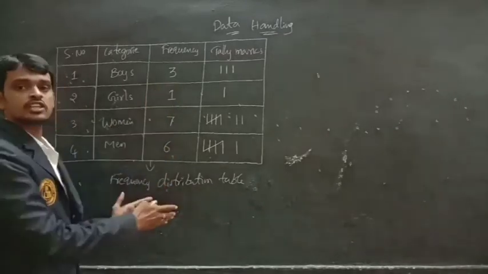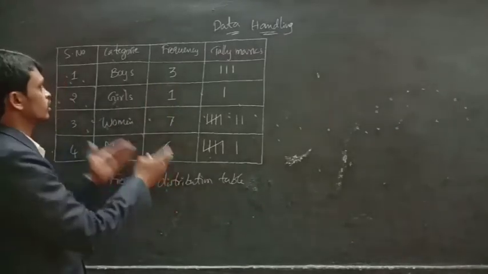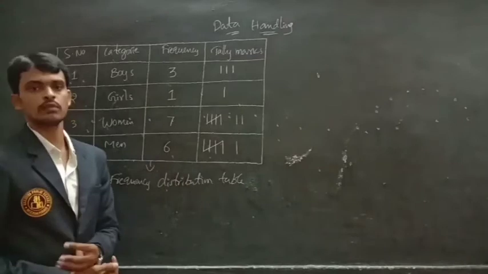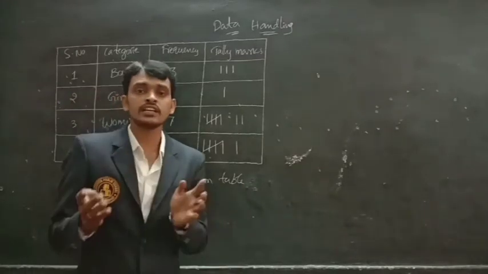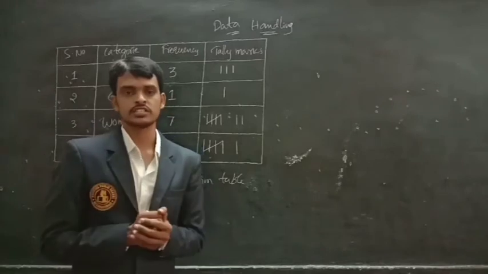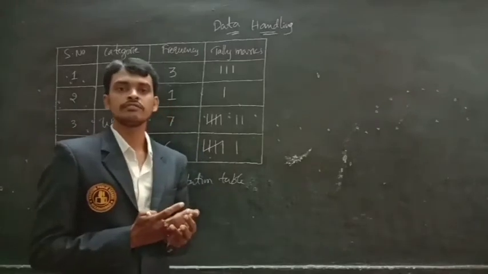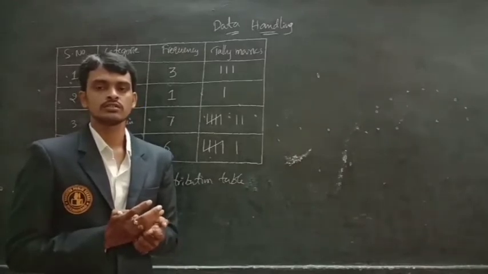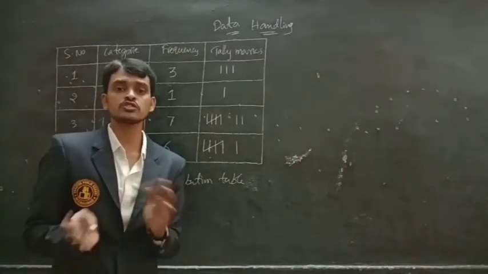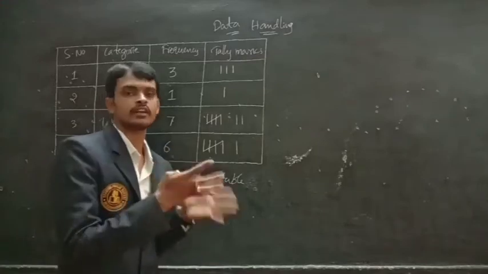The given data can be represented in many ways, such as a bar graph, a pictograph and a pie chart. So there are different ways to represent the given data.